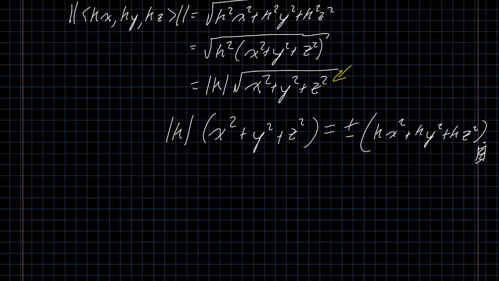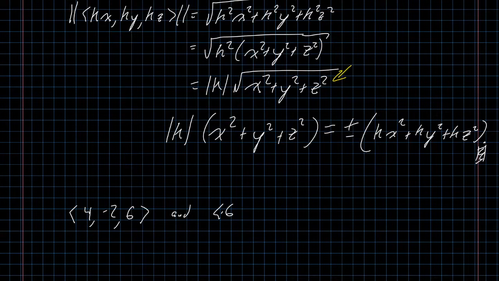But even with just that, let's consider vectors that we looked at previously. We saw the vectors, I've already forgotten, 4, -2, 6, and -6, 3, -9, if I remember correctly. And notice that this one is -3/2 times 4, -2, 6.